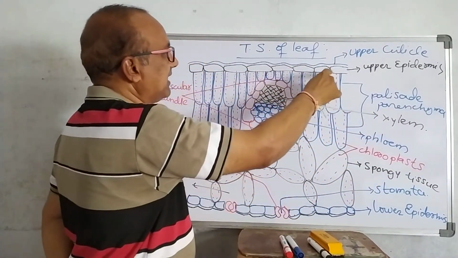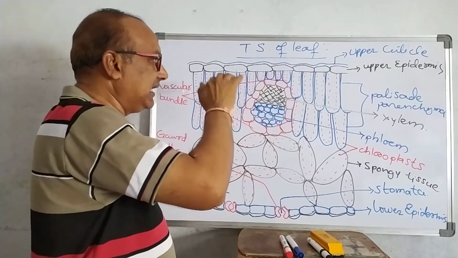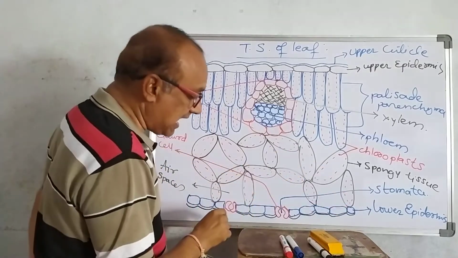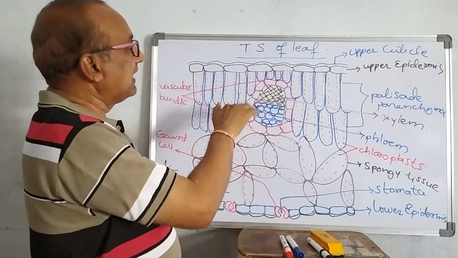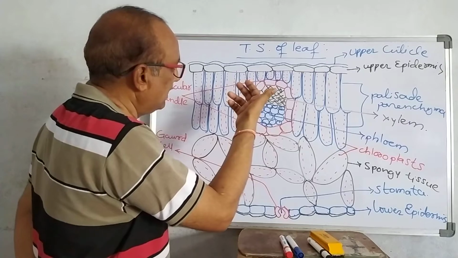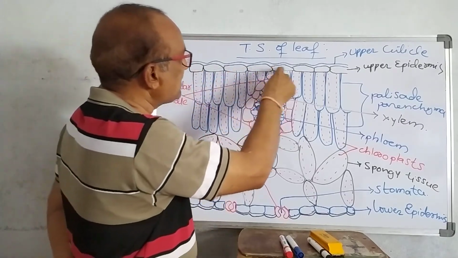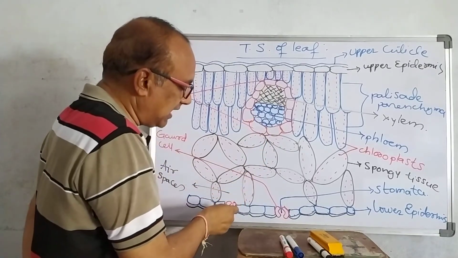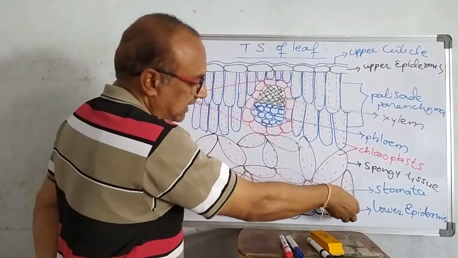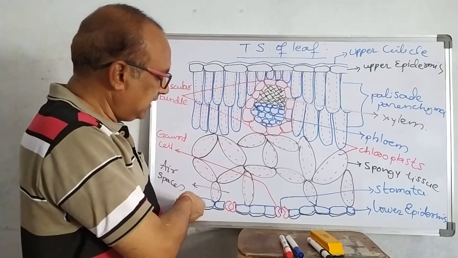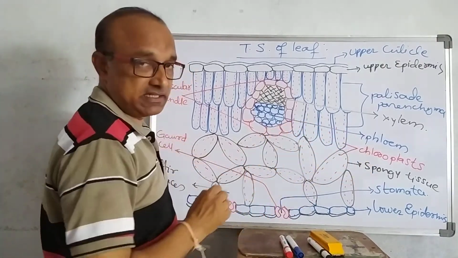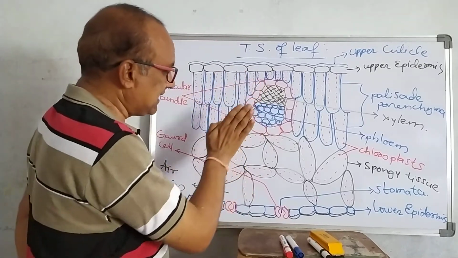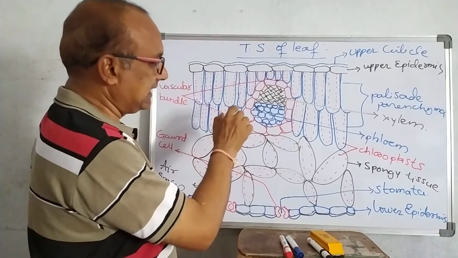On the upper surface, there are stomata, but very few compared to the lower surface, because to prevent the loss of water, the number of stomata on the upper surface of the leaf is very small compared to the number of stomata on the lower surface, in the lower epidermis. In this way, the T.S. of leaf we can understand with the help of the diagram.